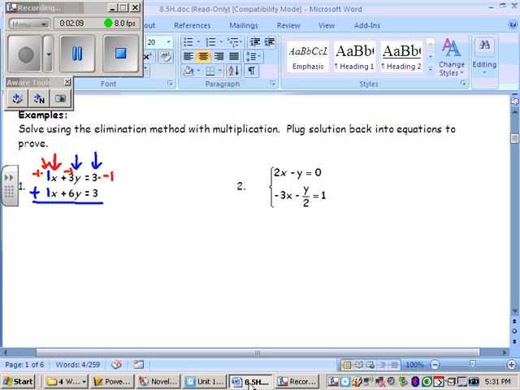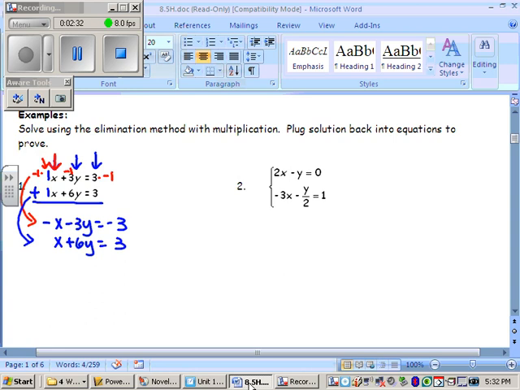So let's see what these equations would now look like. Our first equation, if we multiplied all three terms by -1, would become -x minus 3y equals -3. Our second equation we can leave the same.